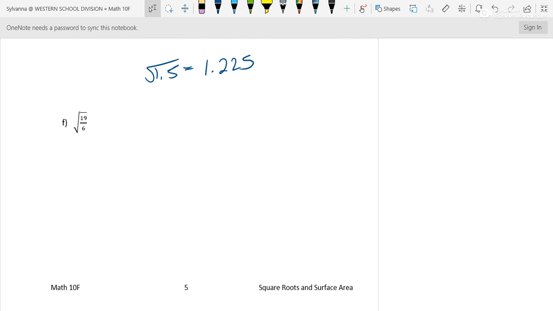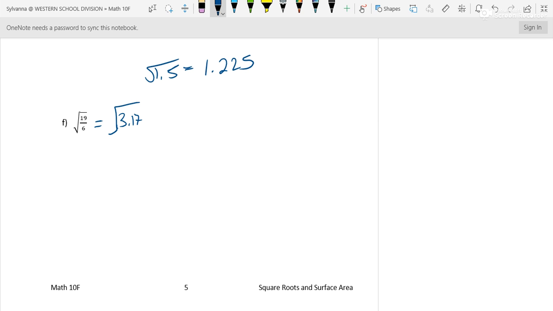Okay, this last one here. Again, same method as above. We're going to write this in terms of a decimal number. So this would be the root of 3.17. After you convert to mixed number and try to manipulate it a bit, you could have gotten a different number like 3.2 or 3.1.